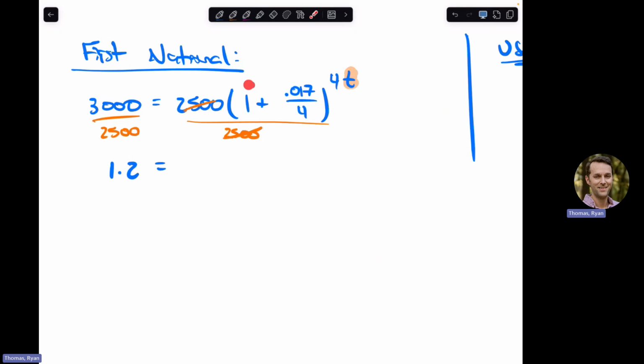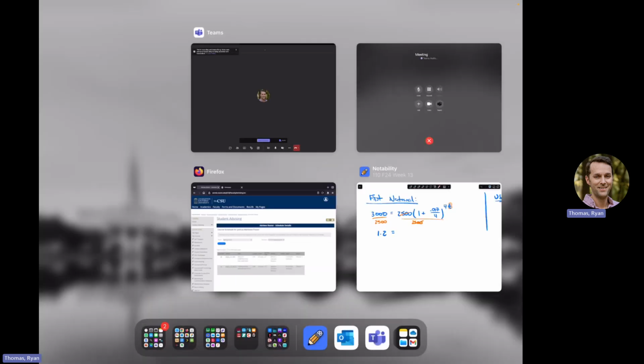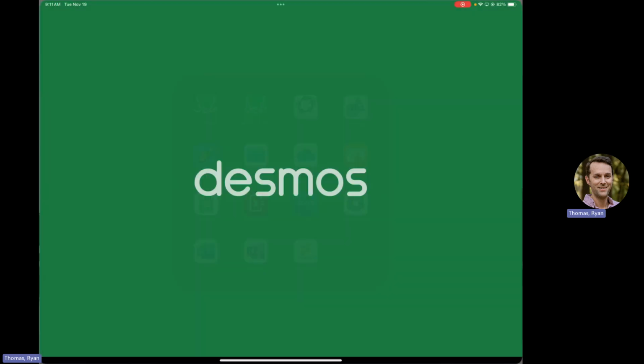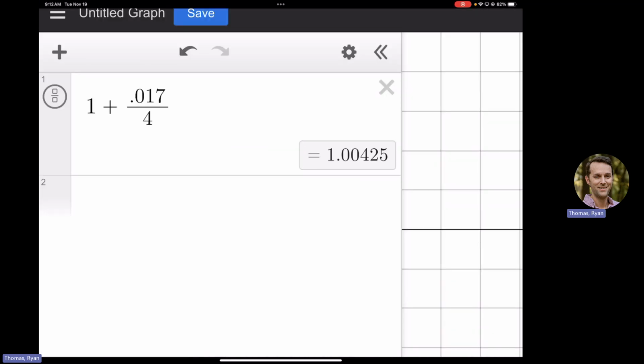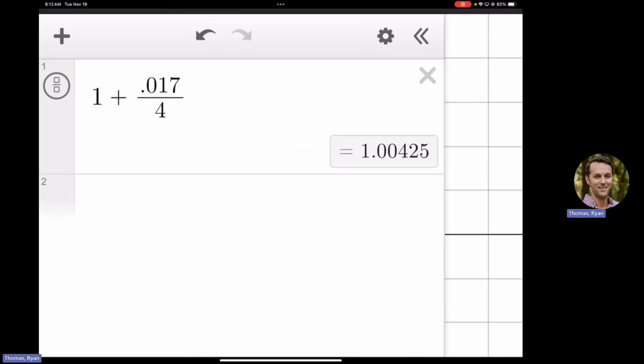Okay, and speaking of which, let's clean this up a little bit. One plus 0.017 over 4. I'm going to keep that whole thing because, again, I don't want to round in the middle.